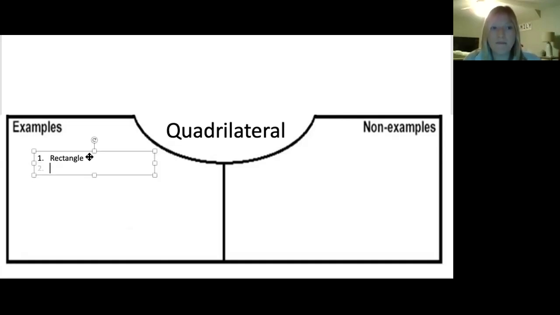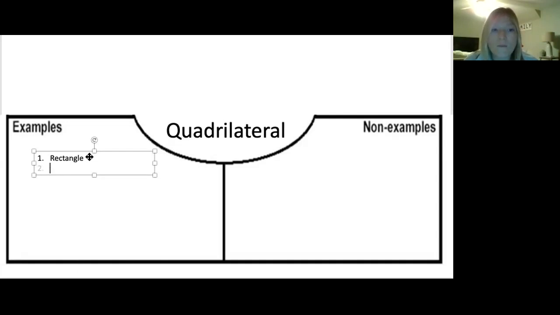So we have rectangles. Anything else in your room that you can think of that would be a quadrilateral? Remember, 4 sides and it's a closed shape. I've got something here. My blanket. A blanket. That's awesome. I am thinking of one right now. If you can see my screen, I've got a notebook here. I've got 4 sides and I've got a closed shape. So my notebook would be 1, right?